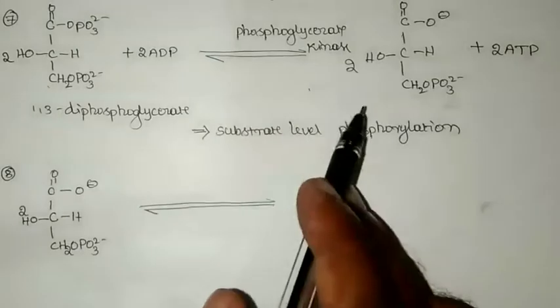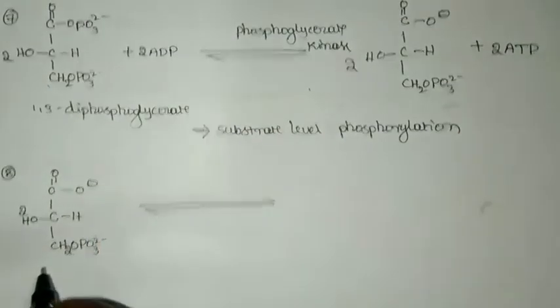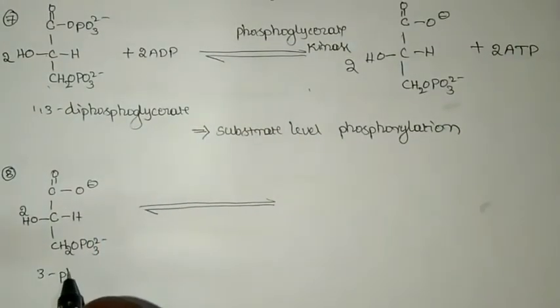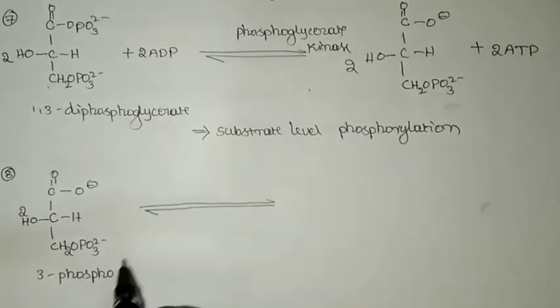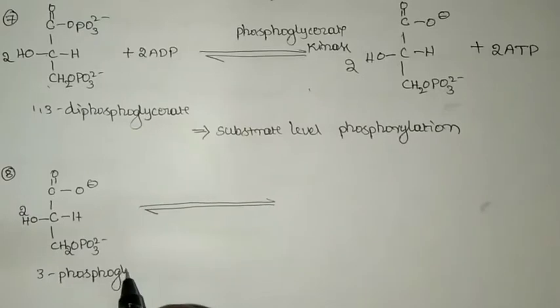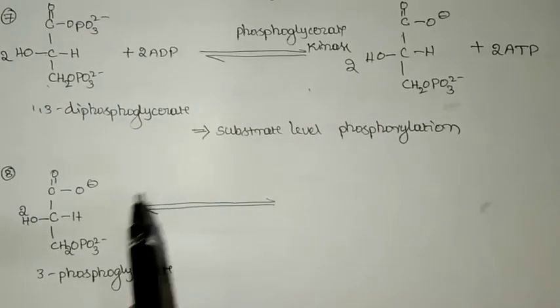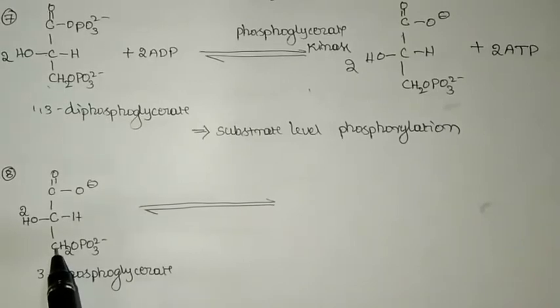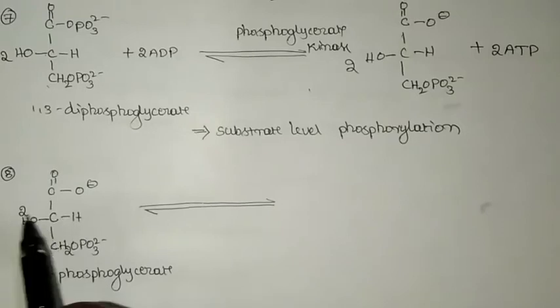Now the 3-phosphoglycerate, which is produced in reaction number 7, will undergo changes so as to produce 2-phosphoglycerate. Meaning from this third position the phosphate unit should go to the second position at the OH.